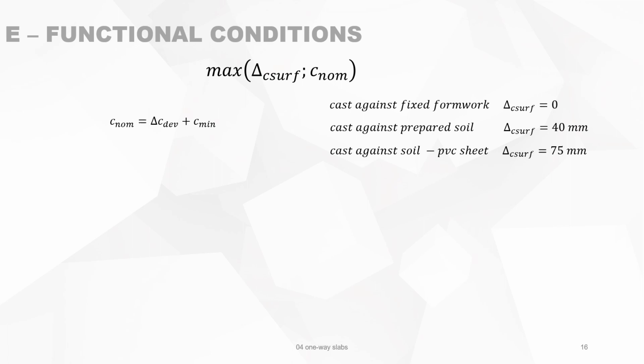If you use fixed formwork, then it's 0. When you cast against prepared soil, then it's 40 millimeters. And when you cast against soil with a PVC sheet, then it is 75 millimeters. The tolerance is taken as 10 millimeters, but if you have increased quality control, you can reduce it to 5 millimeters.